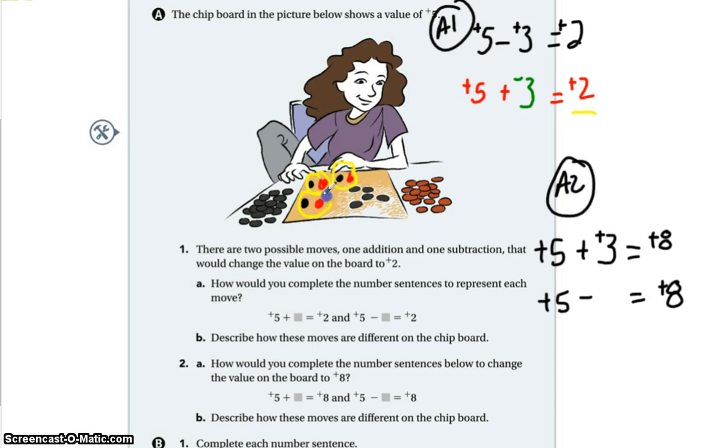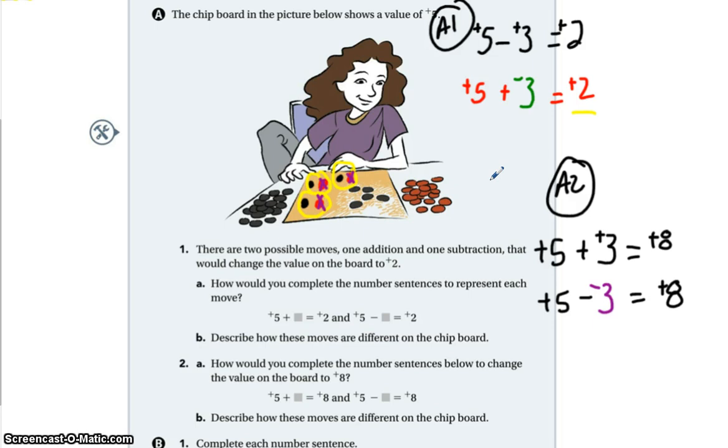Now I'm able to come up and take away the 3 red chips, which was the negative 3, and we are left with 1, 2, 3, 4, 5, 6, 7, 8 black chips, or a positive 8. And again, 2b is kind of wrapped up in there as well. I have illustrated the differences between the two. All right, so that's how those two are connected.